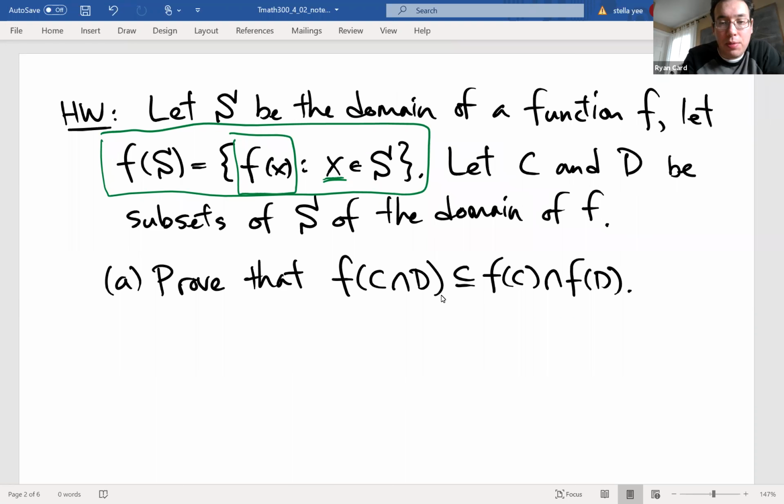I want to prove that the image of C intersect D is a subset of the image of C intersect the image of D.